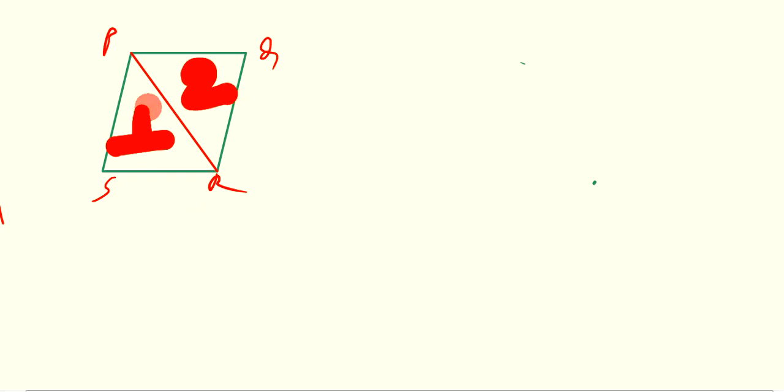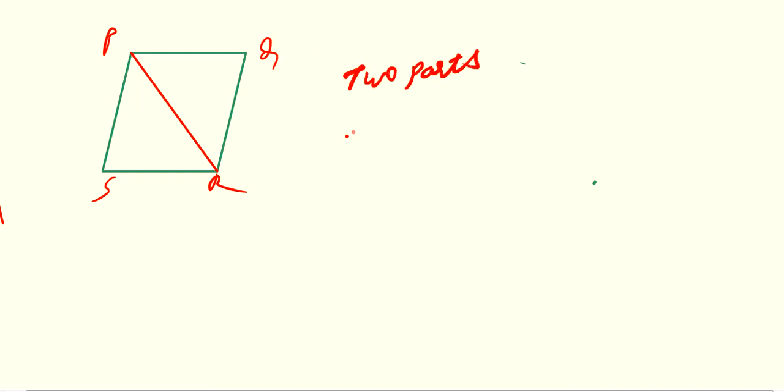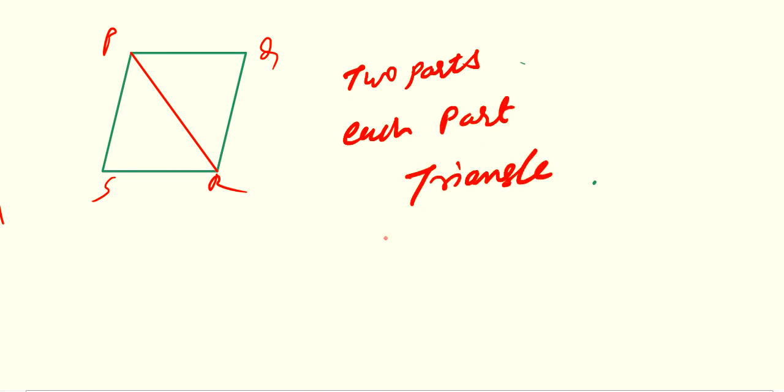Clear? So a diagonal divides a quadrilateral into two parts, and each part is known as a triangle. Okay, which two triangles we are having? PSR, PQR.